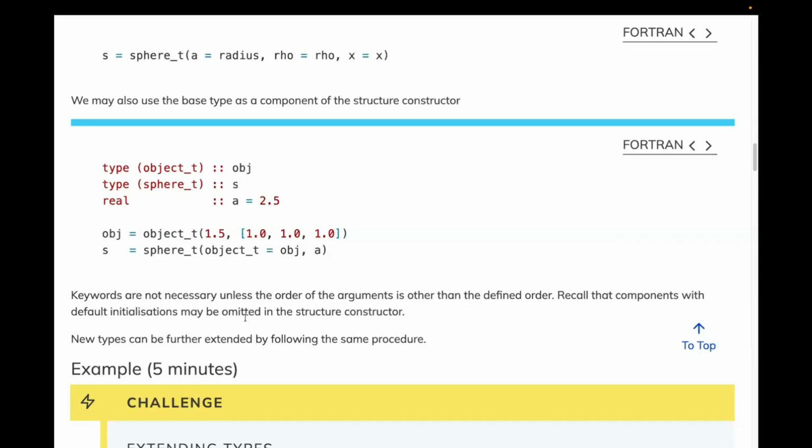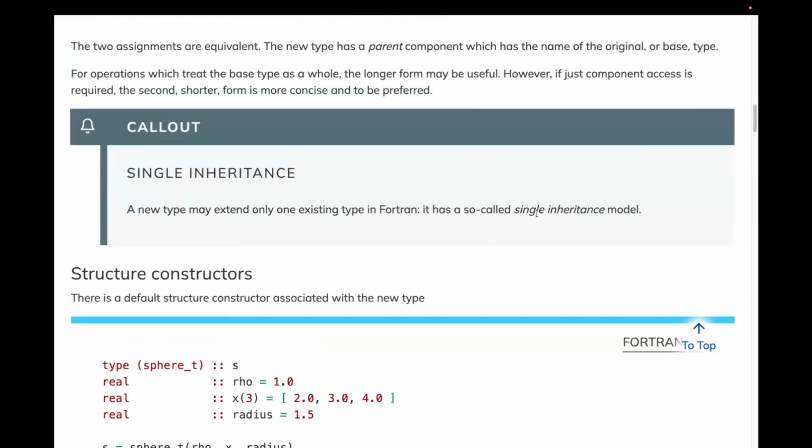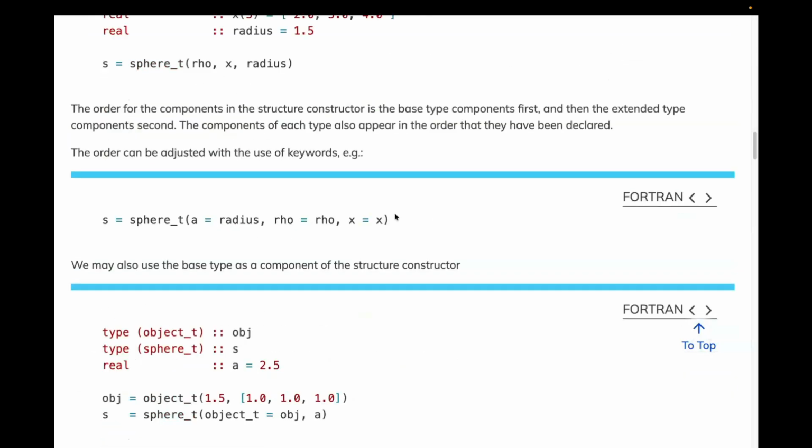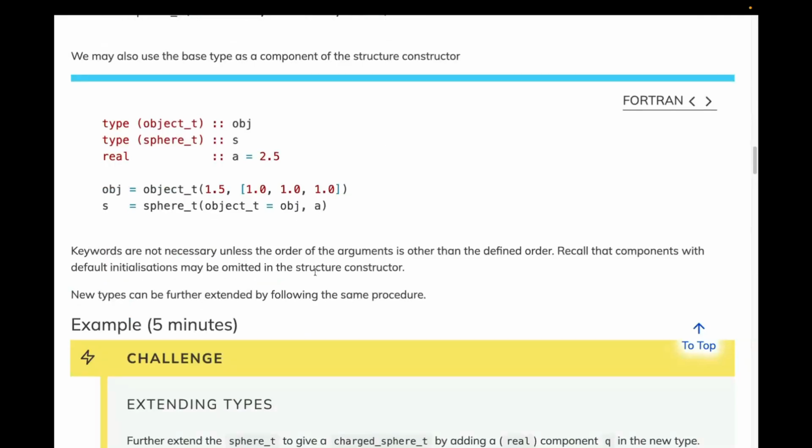The only thing really that we need to remember is this little call out up here, that each type extension can itself only act as an extension to one base type beneath it. So you can only ever choose to extend sphere T and not sphere T and something else.